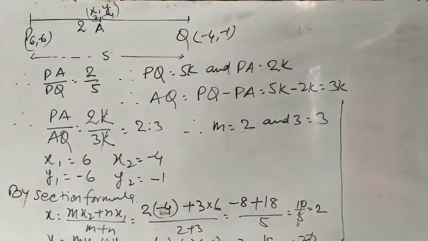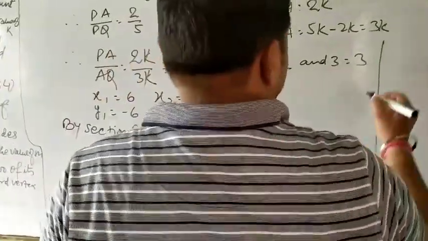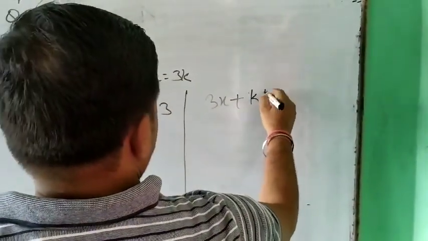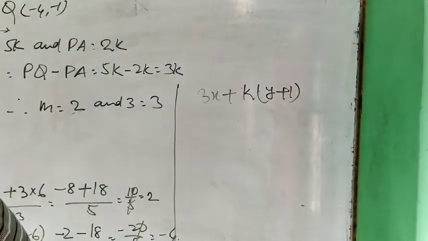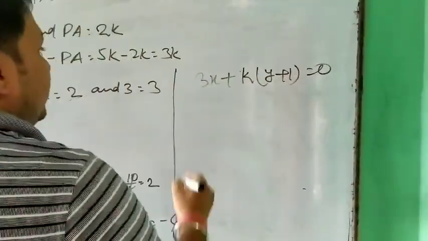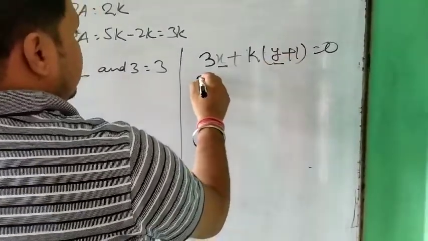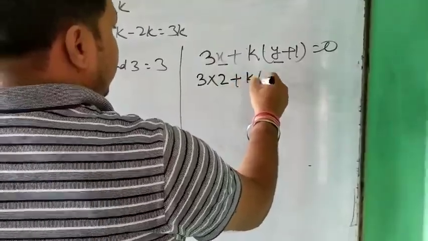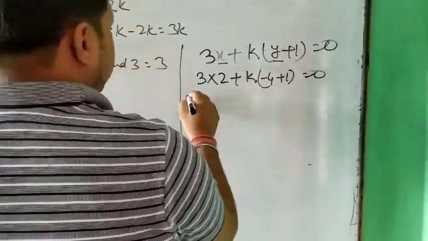Now the equation is 3x plus k into (y plus 1) equals 0. Here we can put the value of x and y. So 3 into 2 plus k into (-4 plus 1) equals 0.